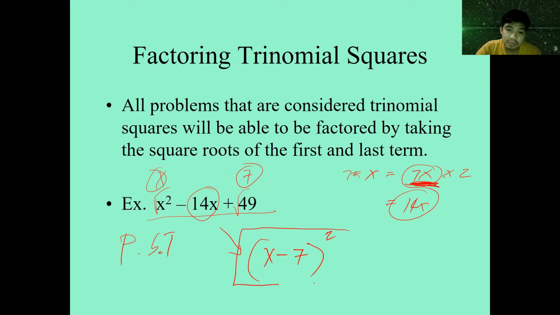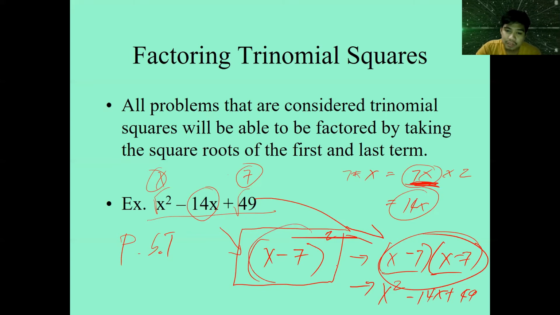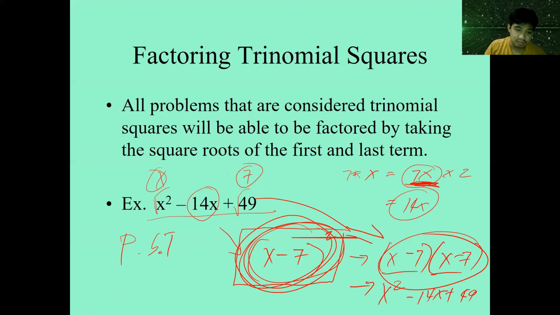So if you're going to verify, multiply x minus 7 tapos x minus 7 using the FOIL method or any method na pinagmumultiply ang dalawang binomial, ang makukuha niyong sagot lang dyan is x squared minus 14x plus 49. So basically, ang factored form nito is ito, x minus 7 squared.